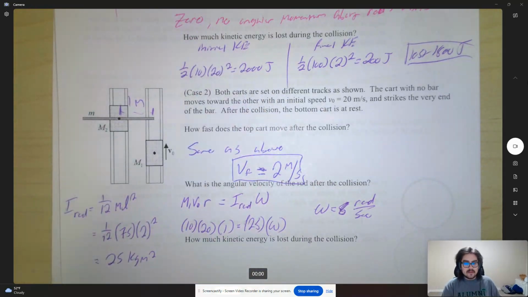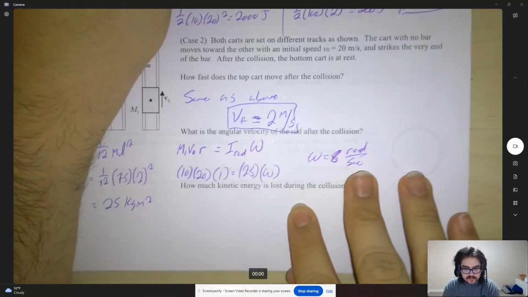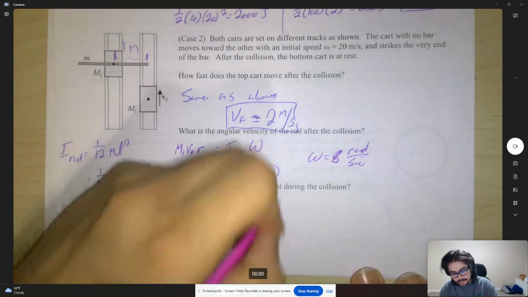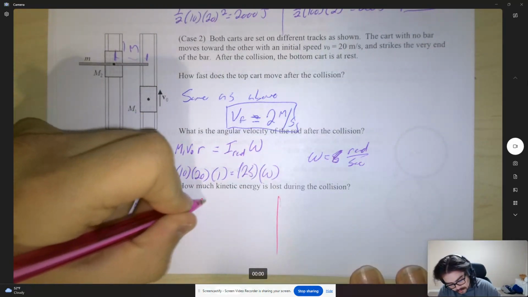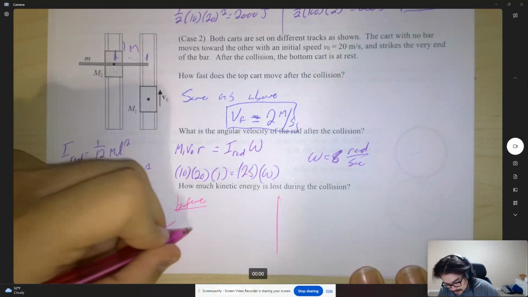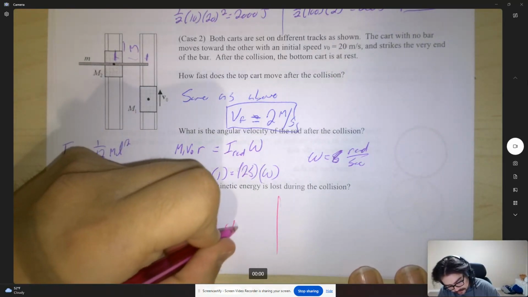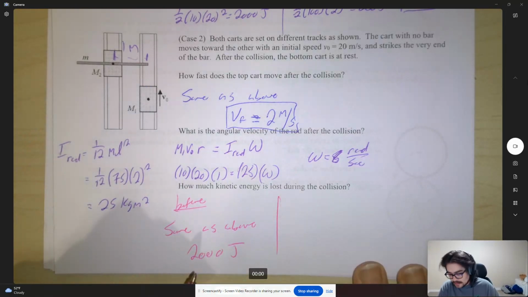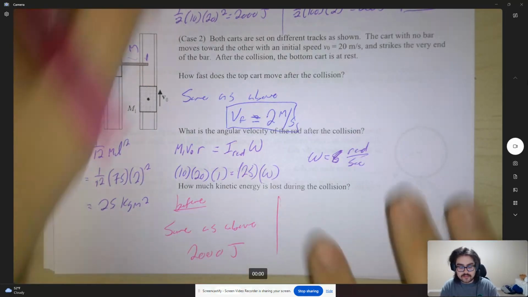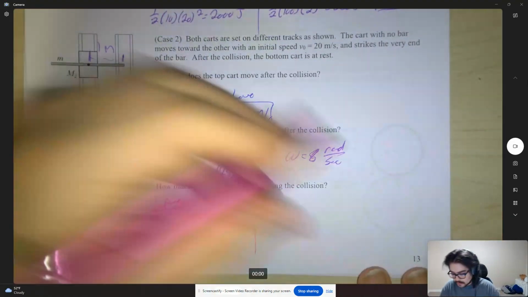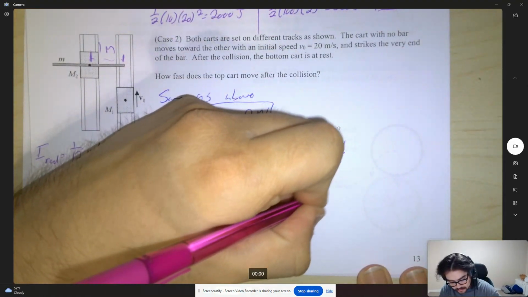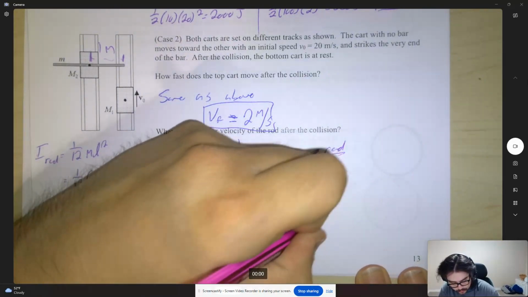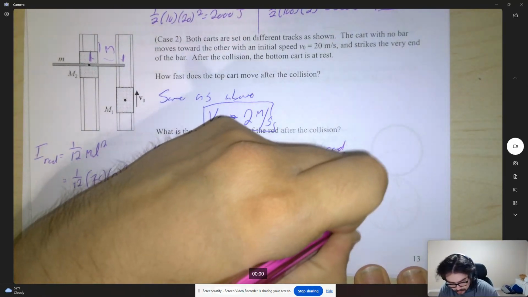How much kinetic energy is lost during the collision? That's a good question. Before, it's the same as above, because nothing changes about the beginning part. But for the second part, there is translational and rotational. So after, we would have 1/2 mv squared plus 1/2 I omega squared.